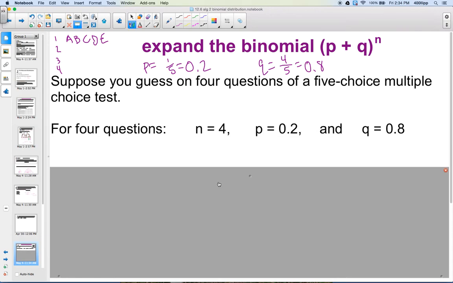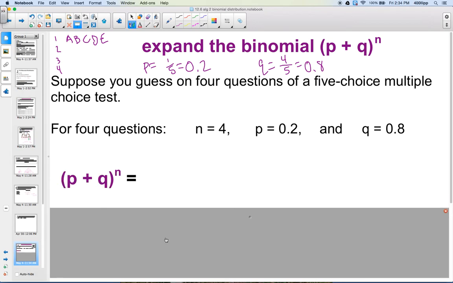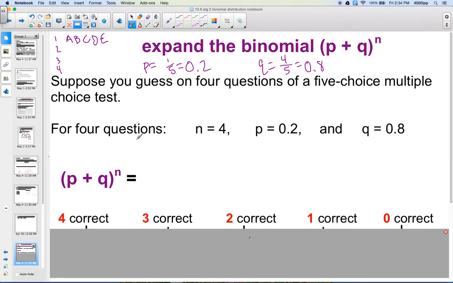So here's what we have. So we're first going to look at, okay, what is our probability of getting 4 correct? Well, 4 correct means x would be 4. So I'm going to do 4C4, 0.2, which is my probability of correct, to the 4th, and 0.8 to the 0.